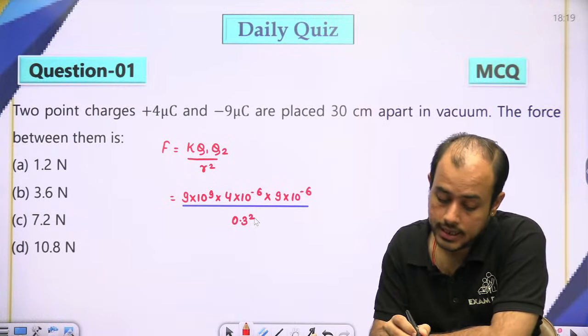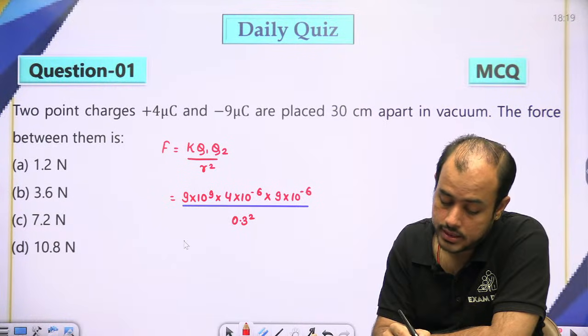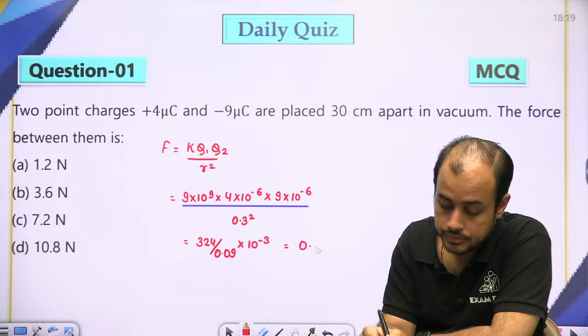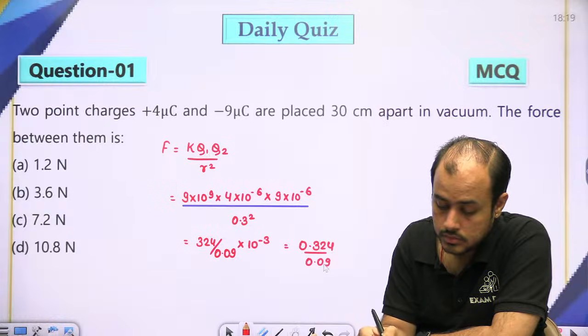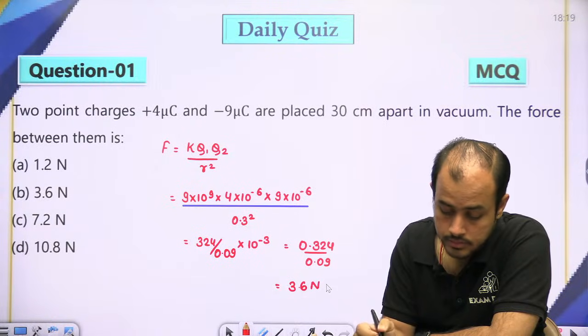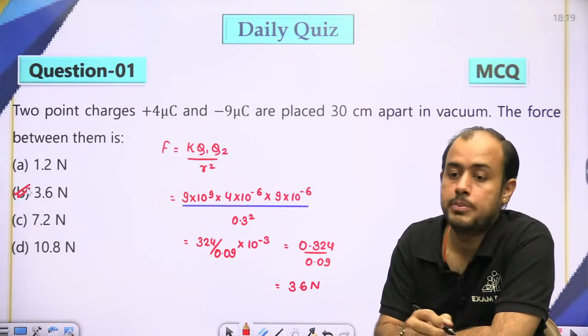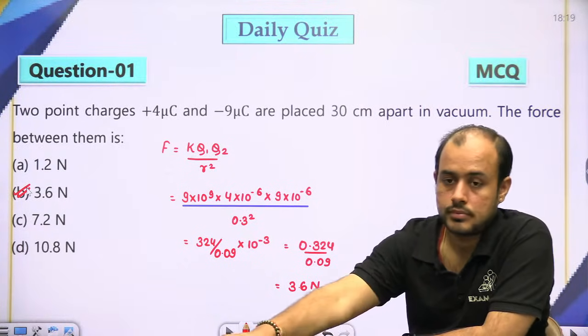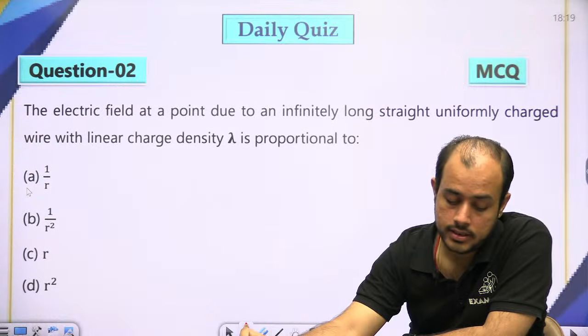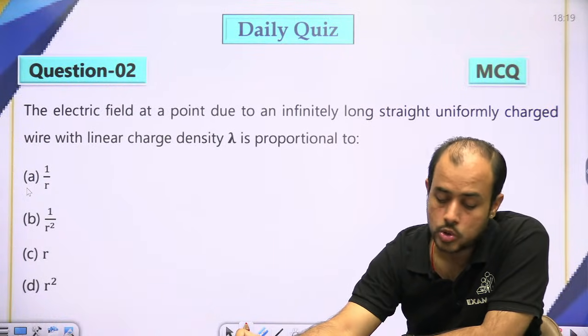Okay, 10 to the power minus 3, 81, 324. This is B, 3.6 newton. Okay, this is what everyone is getting, 3.6. Very good.